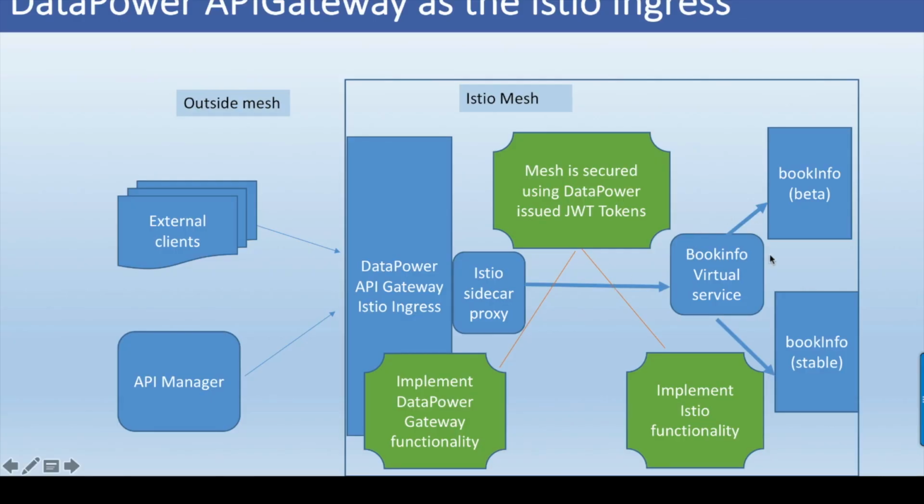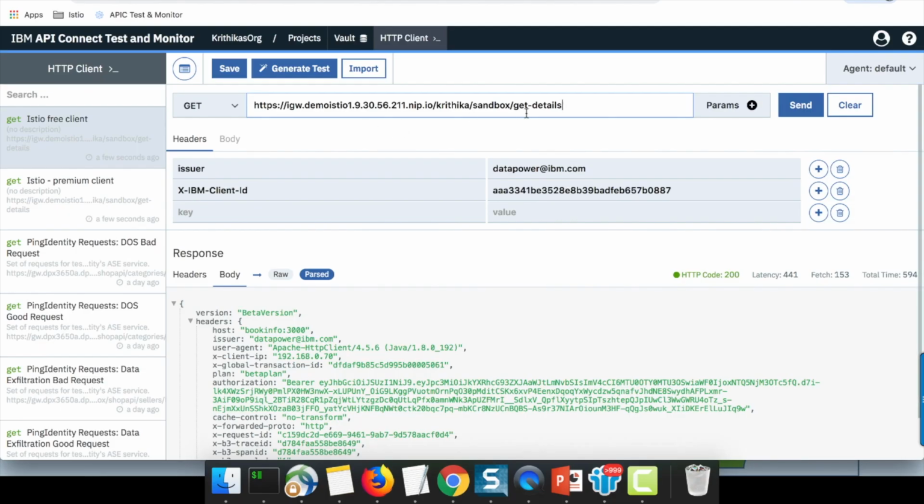When invoking the book info service from outside the mesh, we will have to go through DataPower, which will give us access to the secured mesh via the JWT token. Once we're in the mesh, Istio will take care of the routing. From a test client, we can invoke the API using DataPower as the issuer of the JWT token.